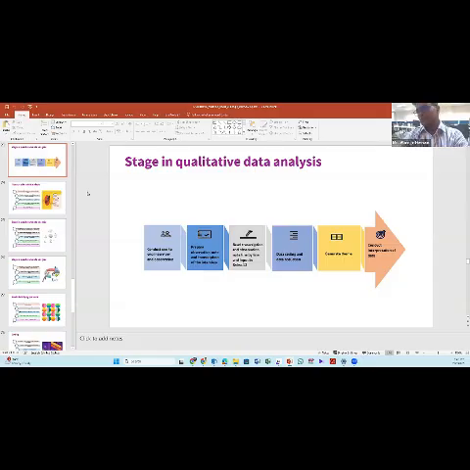So this is not a very confusing issue for handling quality data, but you have to focus on how you can use those based on your objectives.